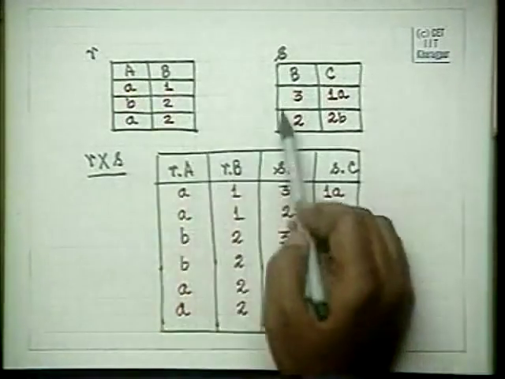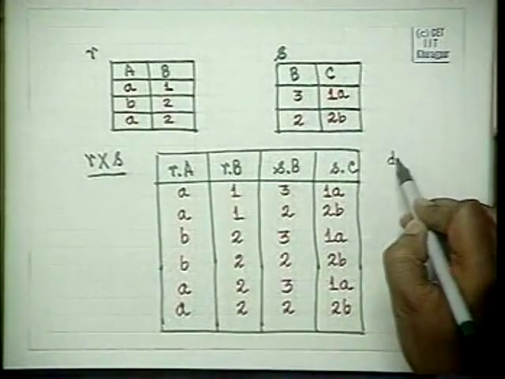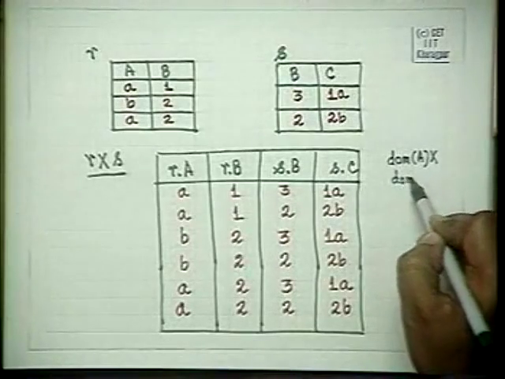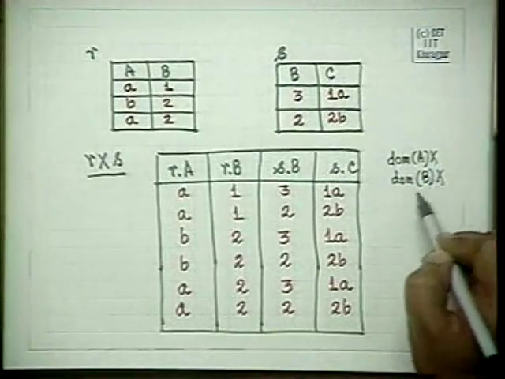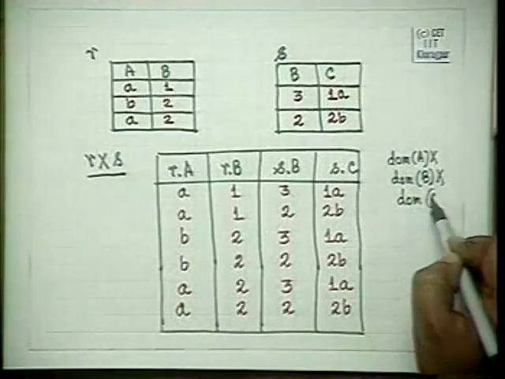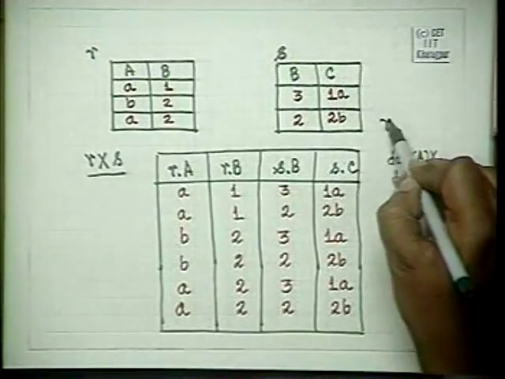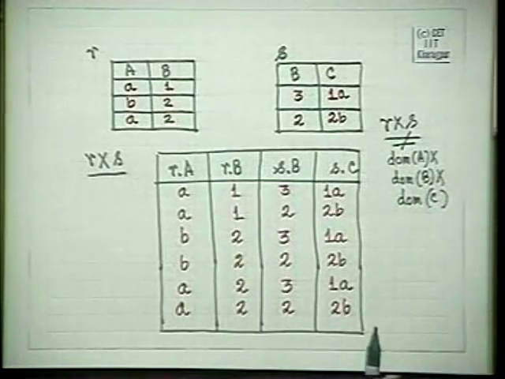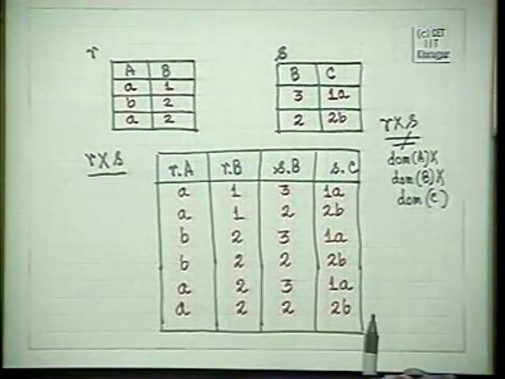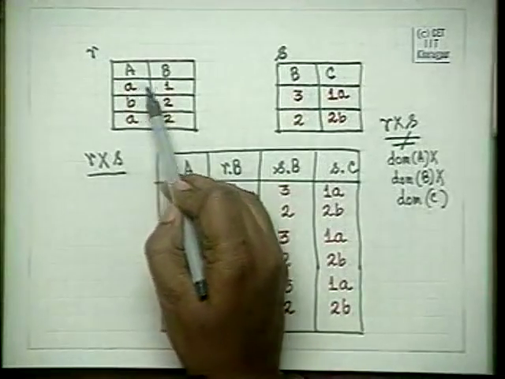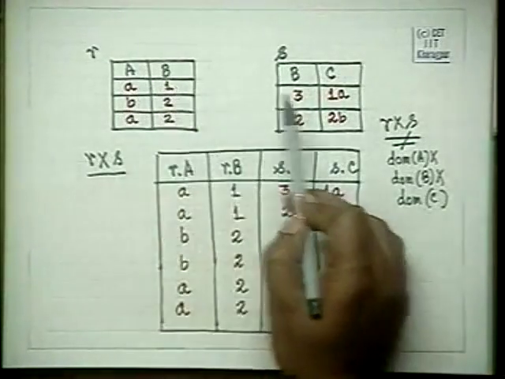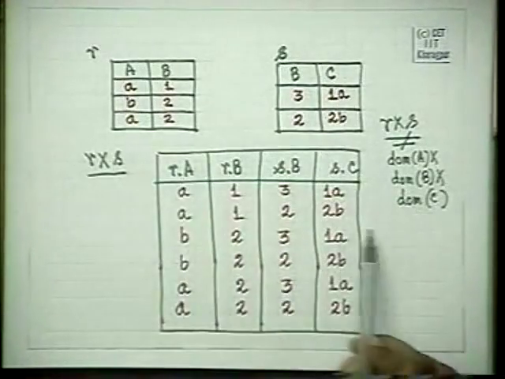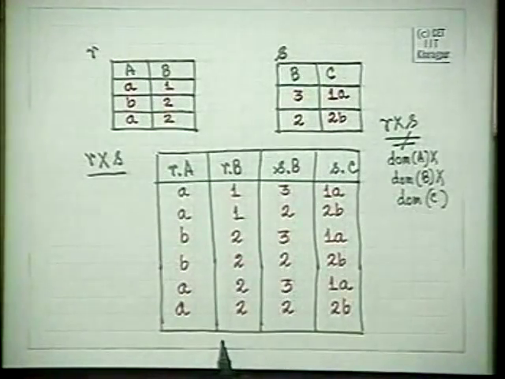It is not the same as dom A cross dom B cross dom C. R cross S is not equal to dom A cross dom B cross dom C. It is this tuple as one item combining with this tuple as one item, and therefore we have got all the possible combinations.